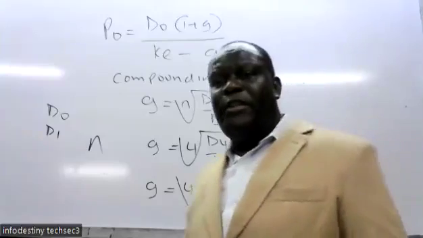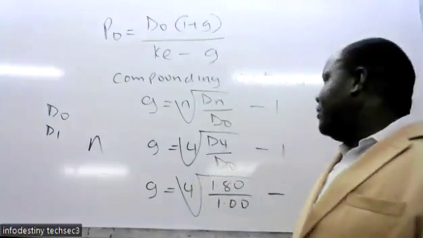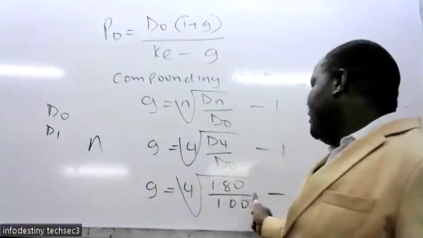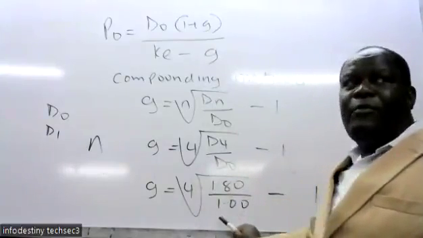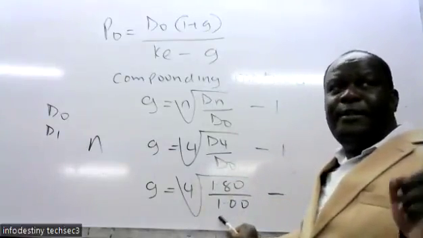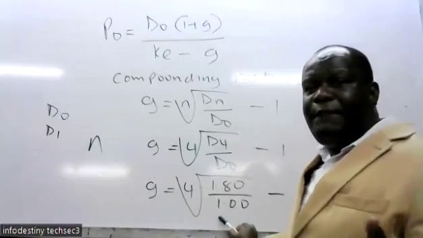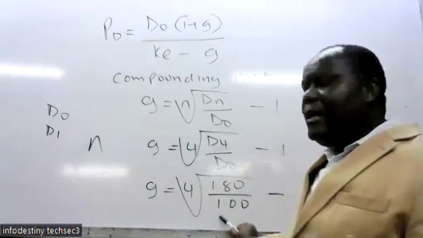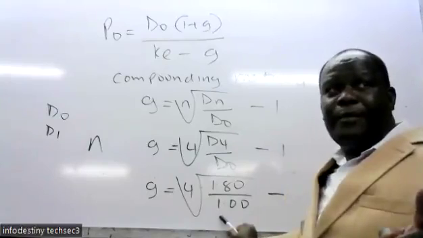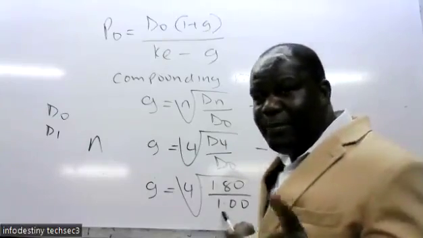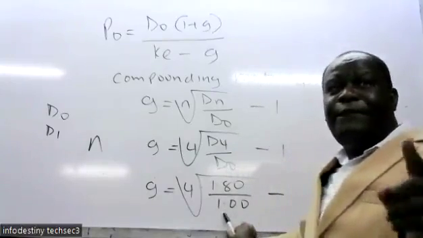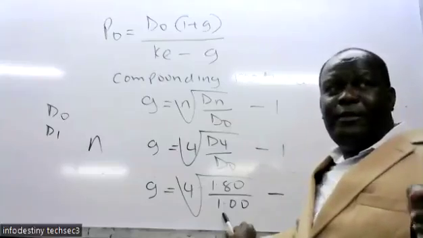Those who are not getting it using the formula, we are saying that you start with 1.8 divided by 1, isn't it? You press the answer. After pressing the answer, you press 4, isn't it? After pressing 4, then you shift.